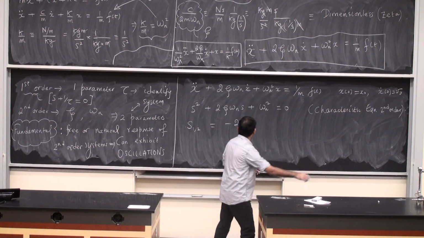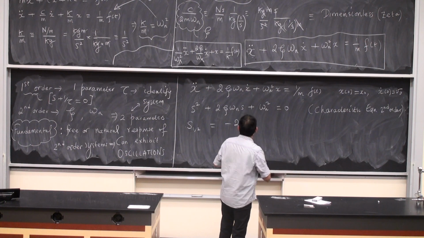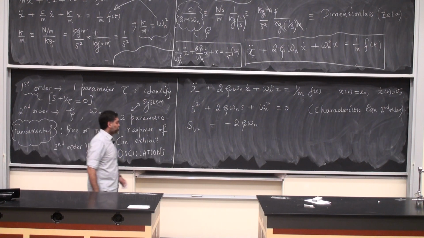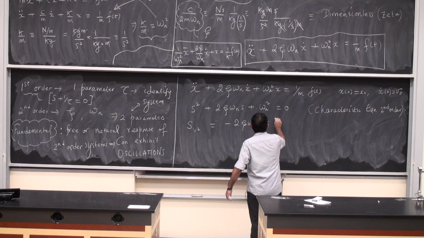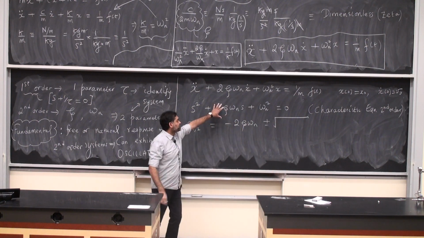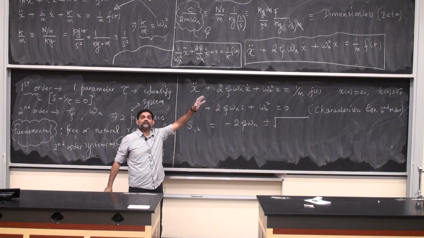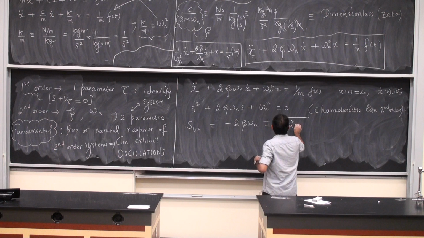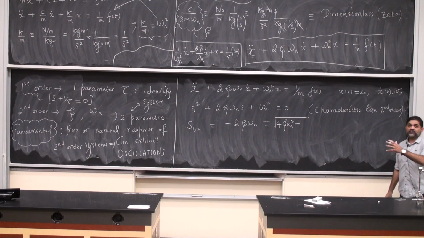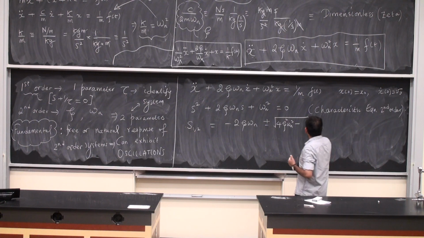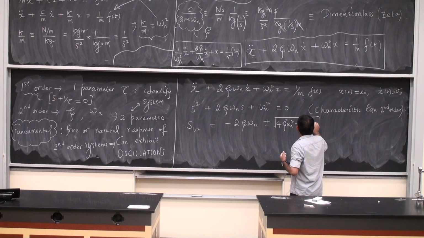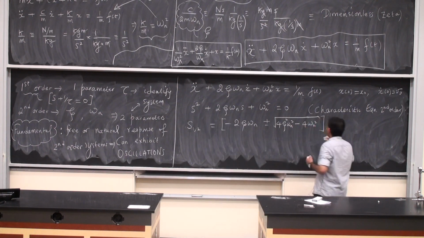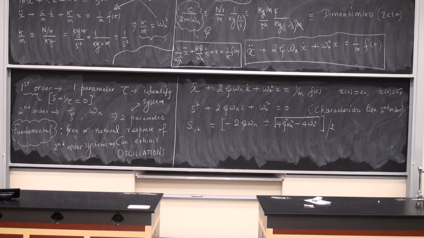I'm solving for s, so it's minus b, where b is 2 zeta omega n, plus or minus the square root of b squared, which is 4 zeta squared omega n squared, minus 4 times the coefficient of s squared, which is 1, so 4 times omega n squared. All of this divided by 2. This is how we find the roots of the quadratic equation.